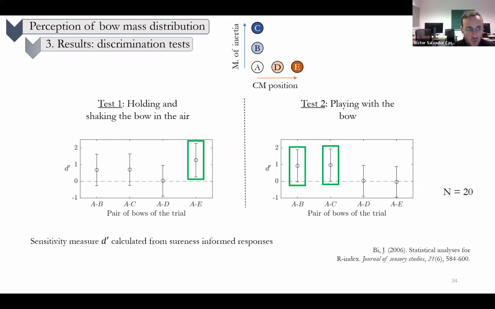So the first one required holding and shaking the bow in the air.